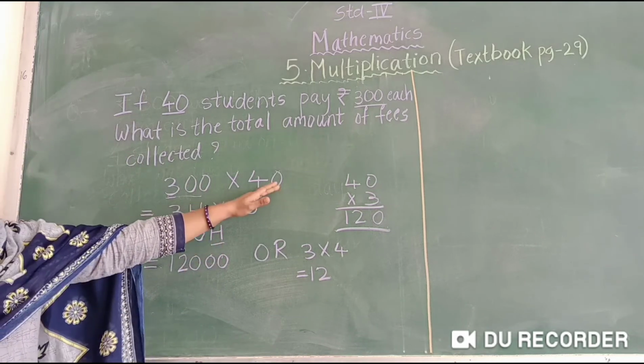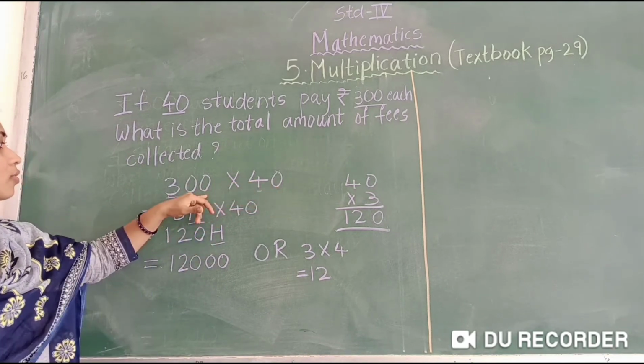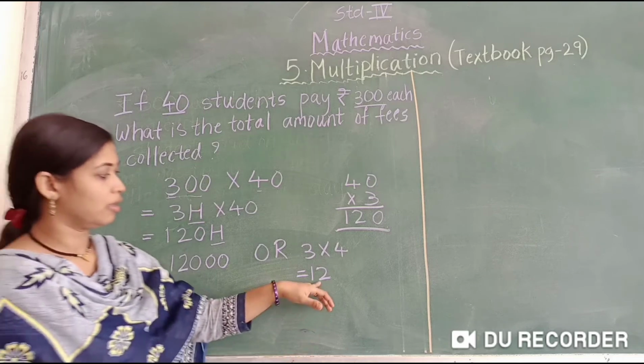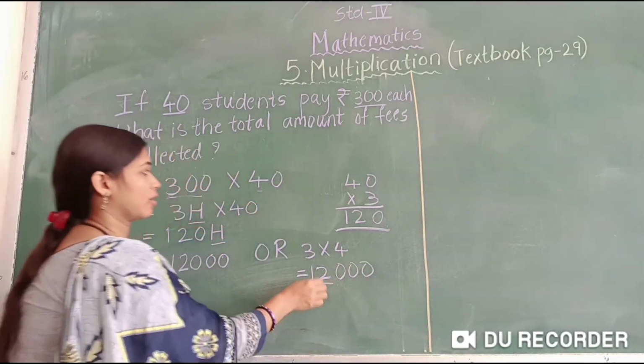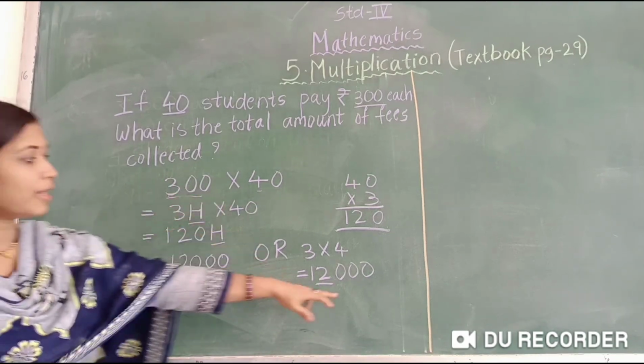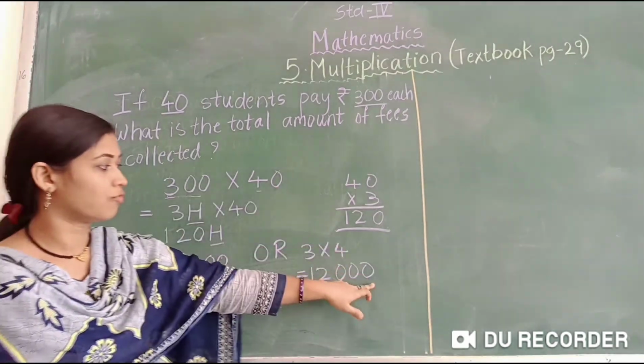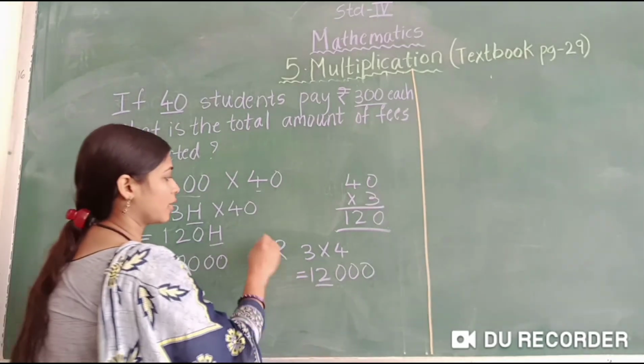And how many zeros are there in the question? 1, 2, 3. We can add 3 zeros in front of the product. 2 zeros of 100 and 1 zero of 40. This method you can also do.